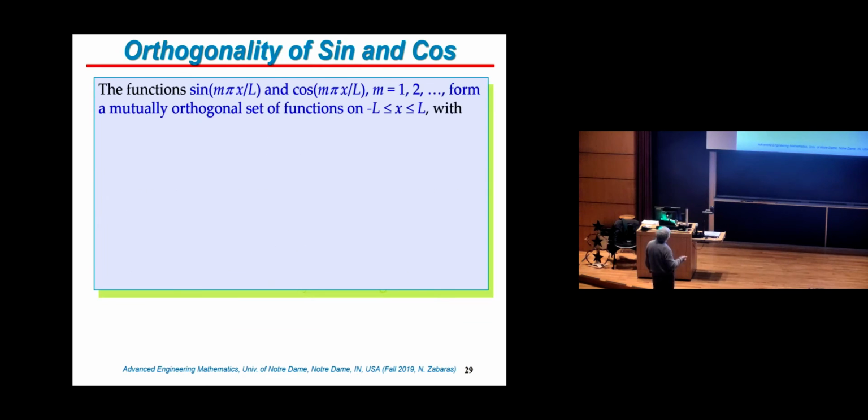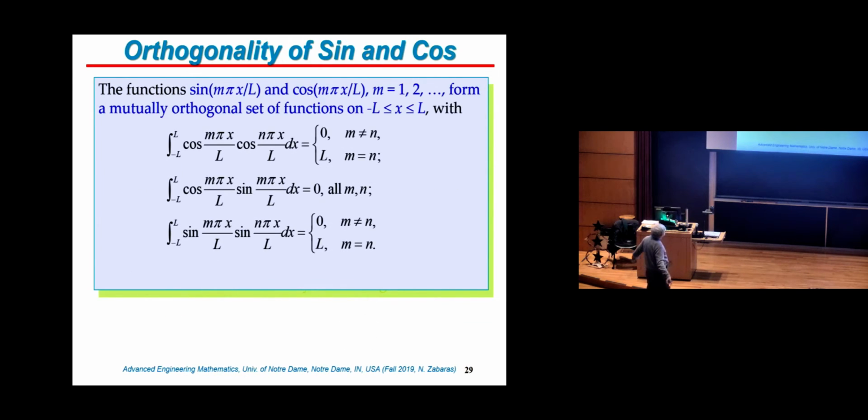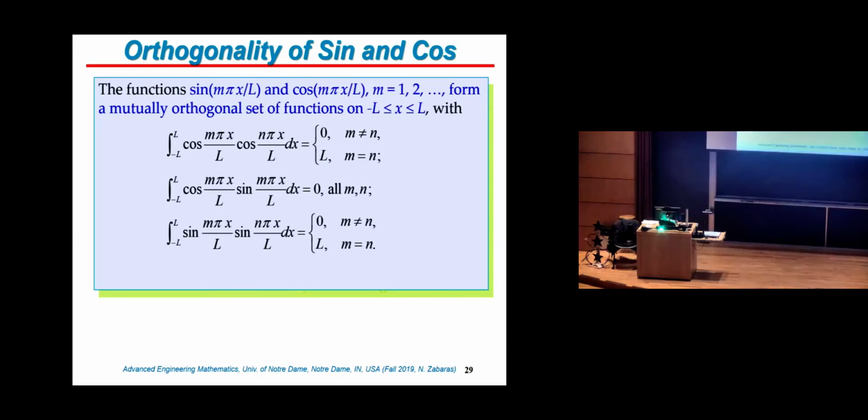Now, why sines and cosines? Because they're orthogonal. They form an orthogonal family. If you take the inner product of this cosine with that cosine, it comes out to be equal to 0 unless m equals n. It's amazing, right? All of these terms drop out unless m is equal to n.